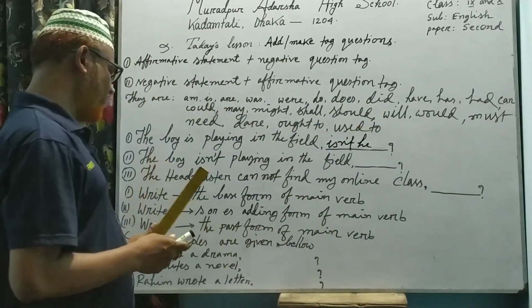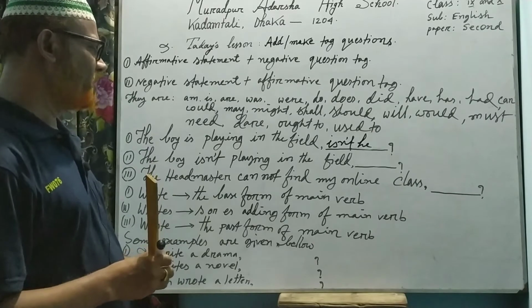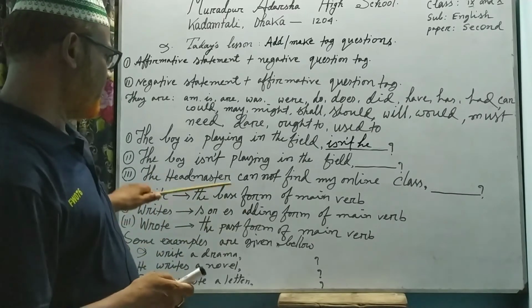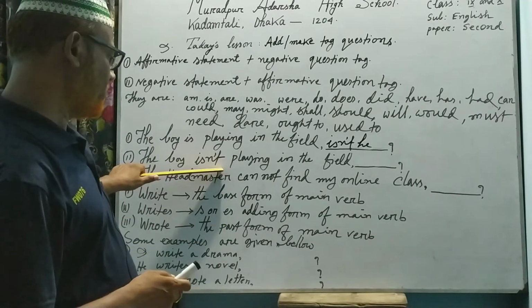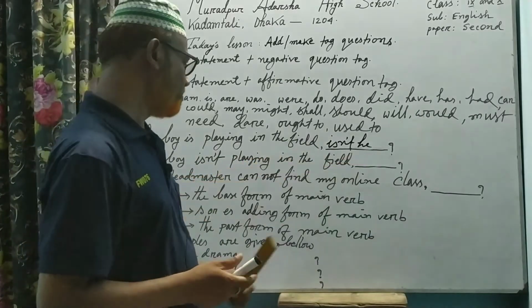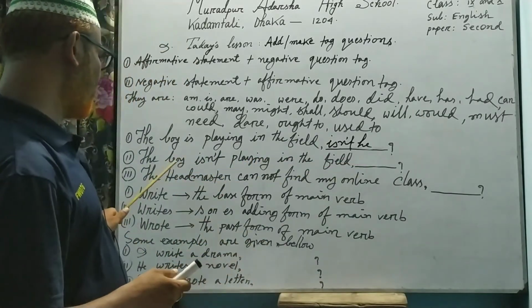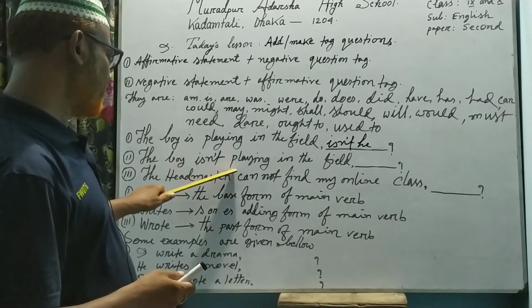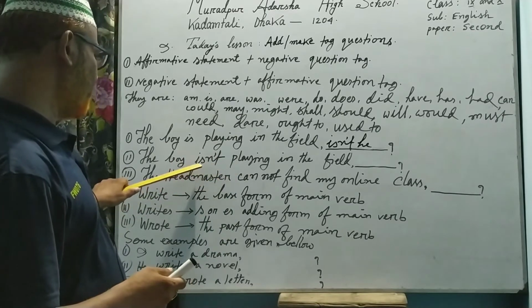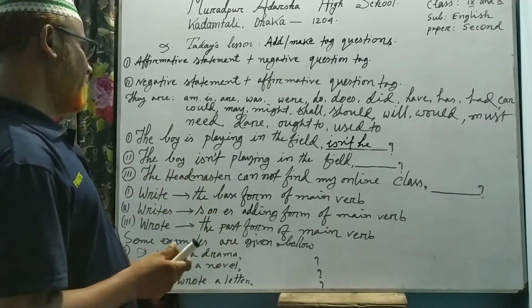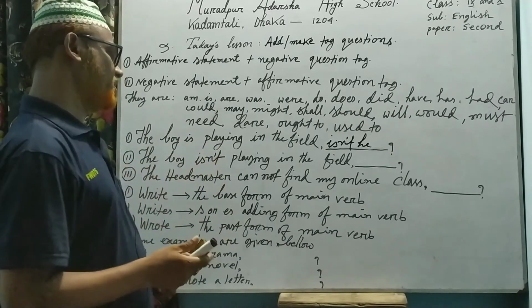Next, the boy is not playing in the field. Here the statement is negative, so the tag will be positive, and boy is the subject of the statement, and negative operator is seen in the statement.